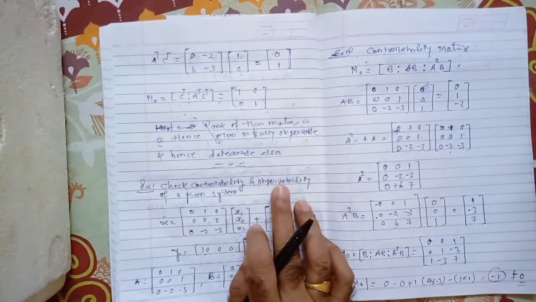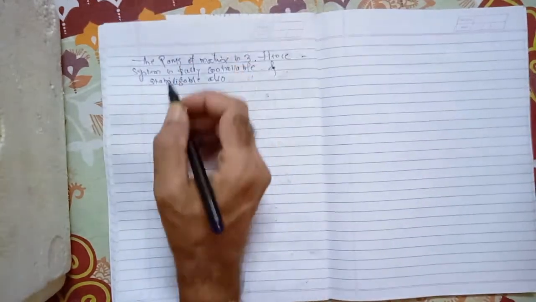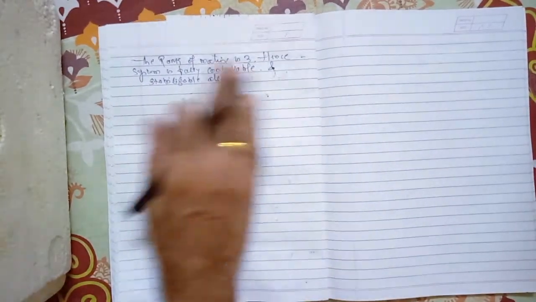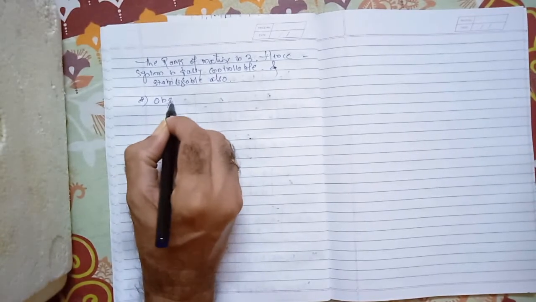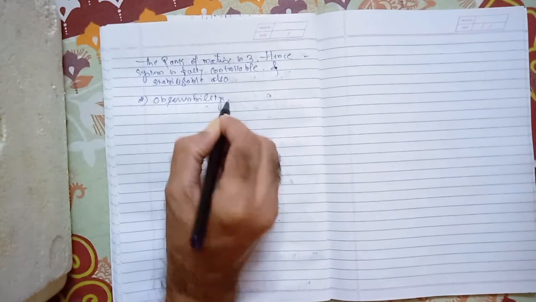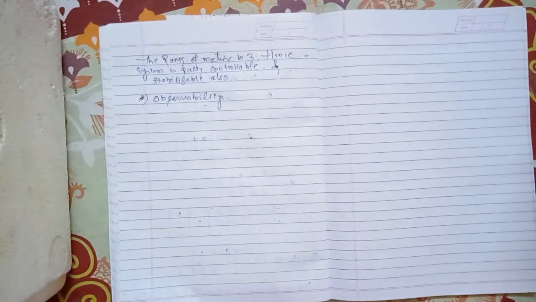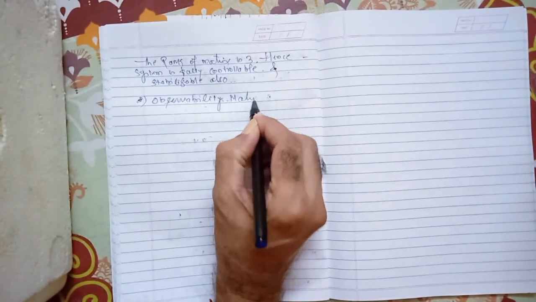Now we will find out the observability. Second, observability, this we have to find out. Observability matrix.